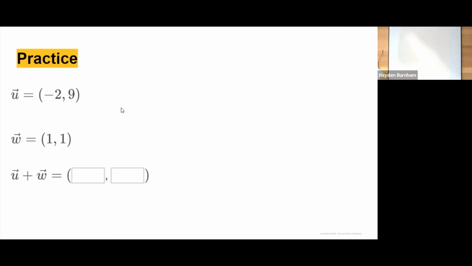So when you have that -2, 9, it means -2 in x and positive y, 9. And this one would be positive 1 in x and 1 in the positive y direction. Right.